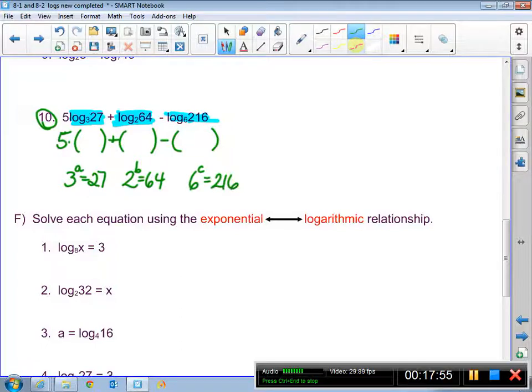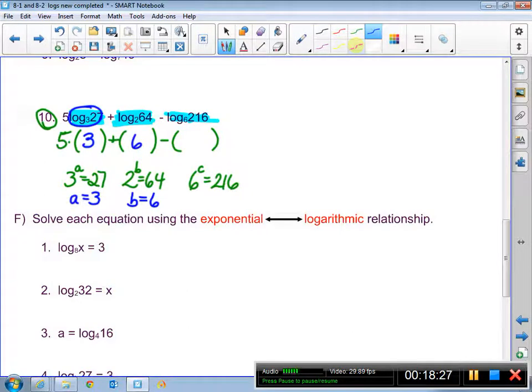So the answers to each of these sections we'll put in the parentheses. Here, we know that an exponent of 3 on 3 will give us 27, so that answer is 3. For the second one, 2 to what power is 64? If you said 6, you were correct.